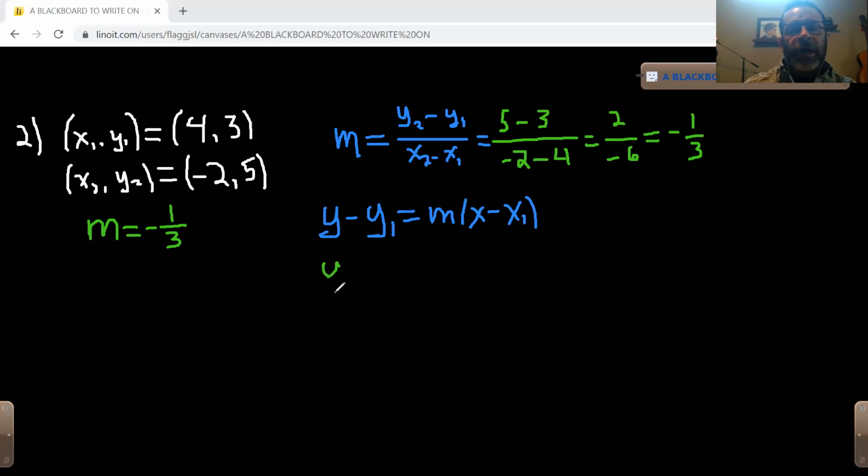So y minus, I'm going to use the first one, y minus 3 equals m, which is minus 1/3, times x minus x1, which is 4 in this case.